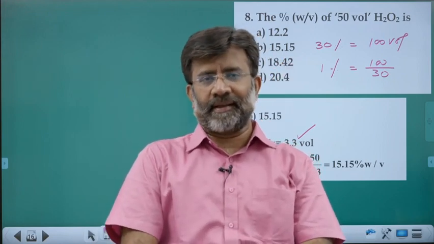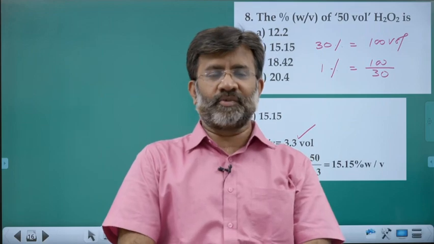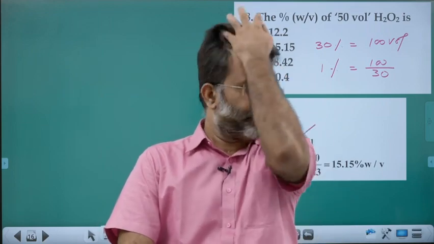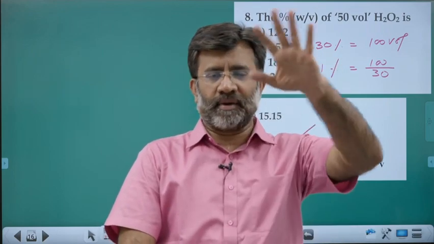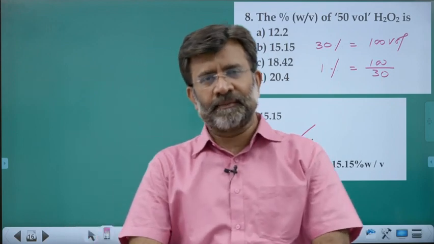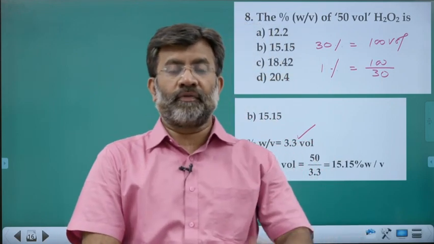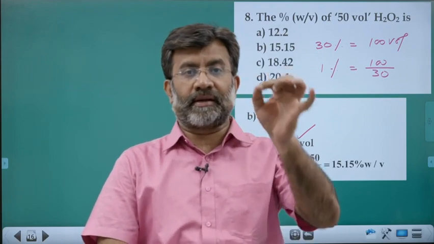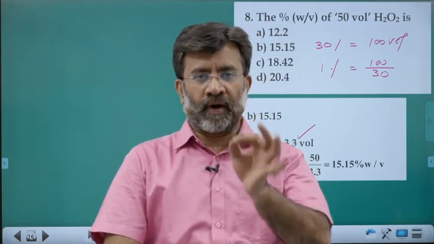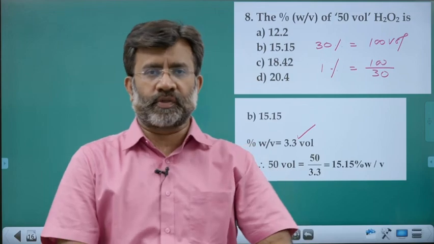I am sure you remember the strength of hydrogen peroxide expressed in terms of volume strength. Please learn that area, it's very important. What is volume strength? What is the meaning of 100 volume hydrogen peroxide? It is the volume of oxygen liberated at STP by 1 volume of H2O2 sample.